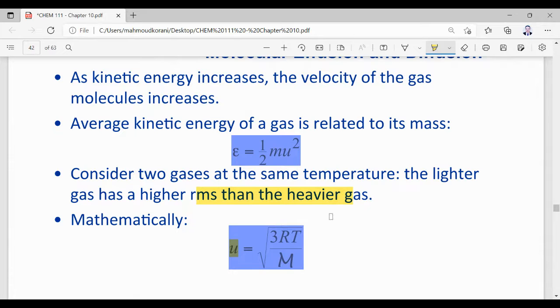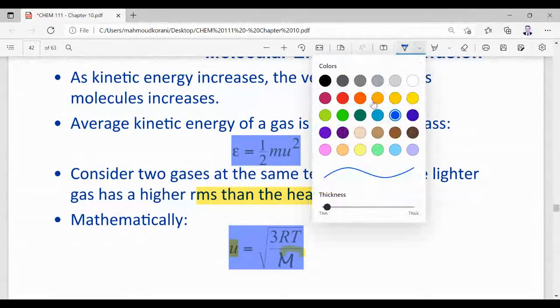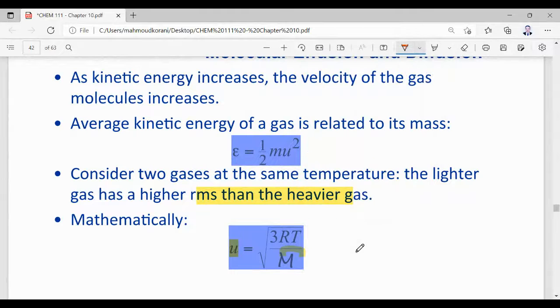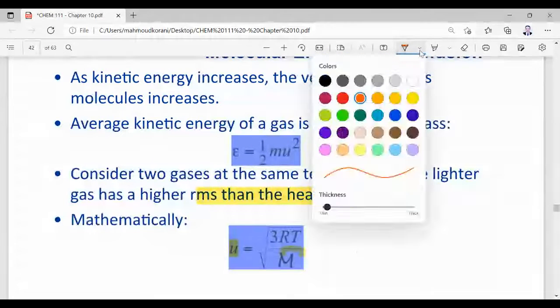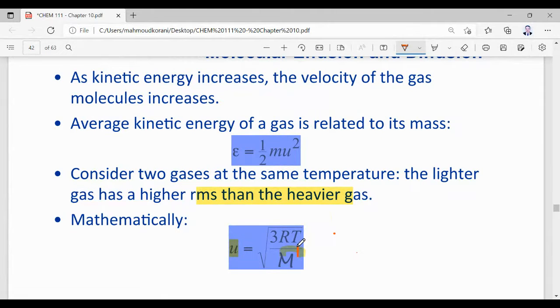It's directly proportional to the temperature and inversely proportional to the molar mass. As the molar mass increases, this parameter decreases.